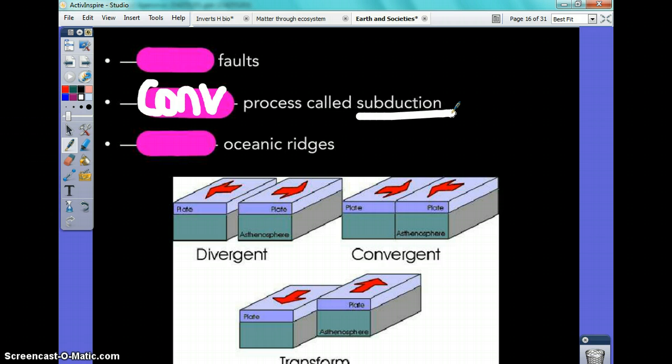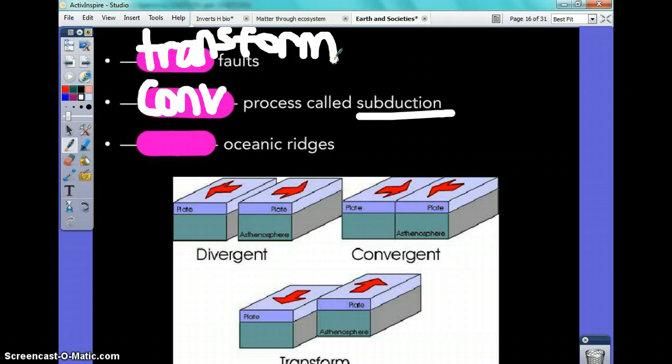The first one was transform. So you can see in the picture what the movement is. And then convergent they go towards each other, and then the last one, divergent, they're going opposite directions, and that kind of movement can lead to the formation of oceanic ridges.